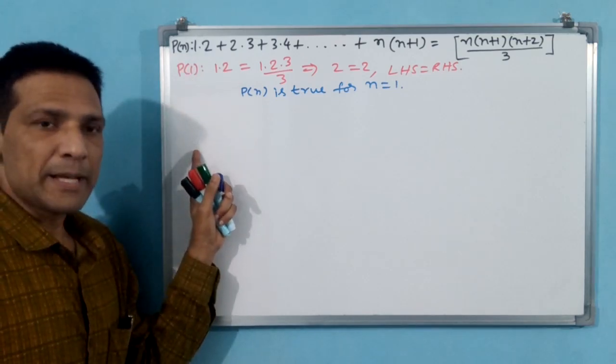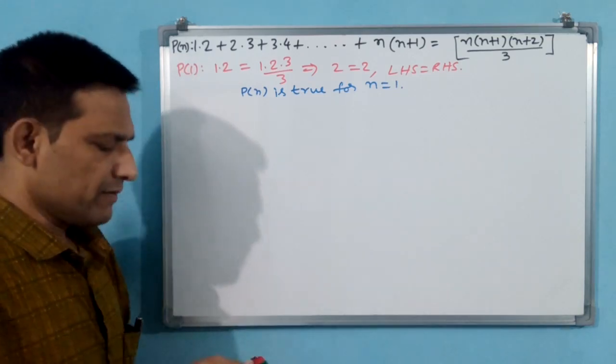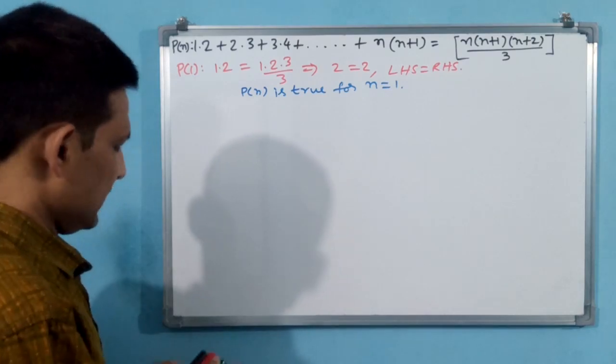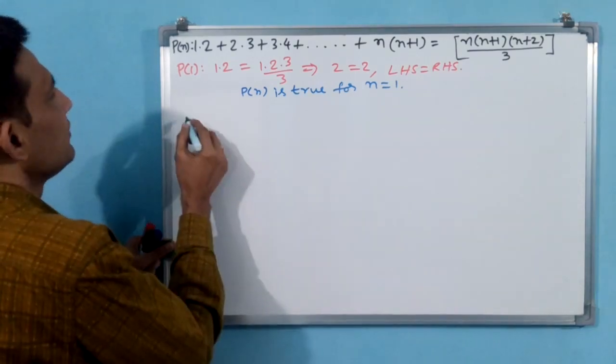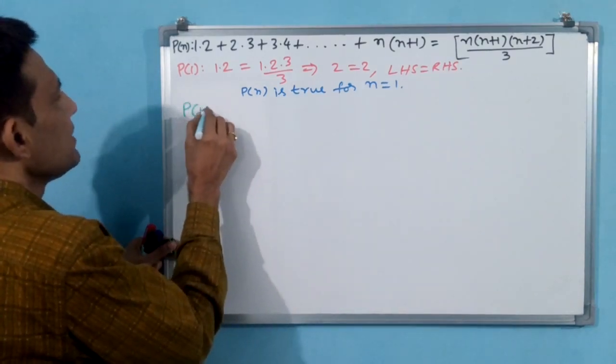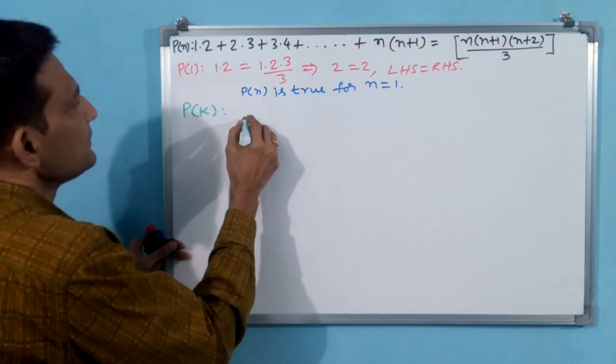Fourth step is P of k. Write down P of k colon.